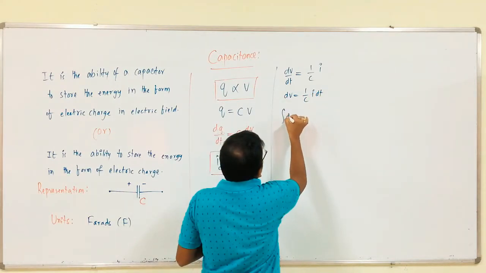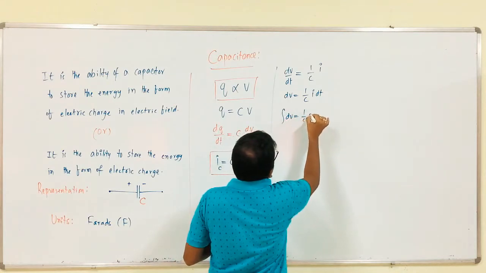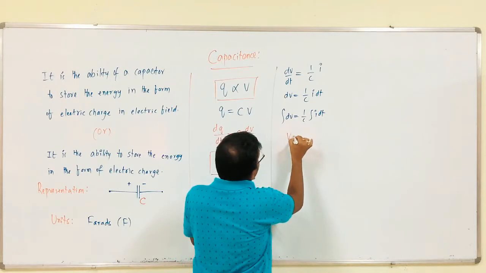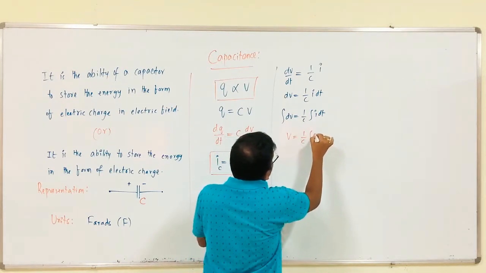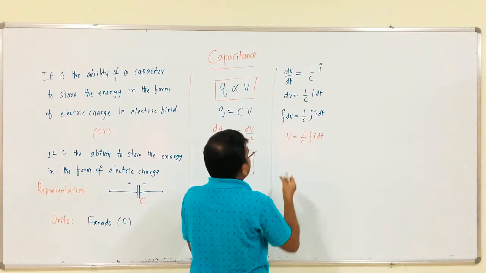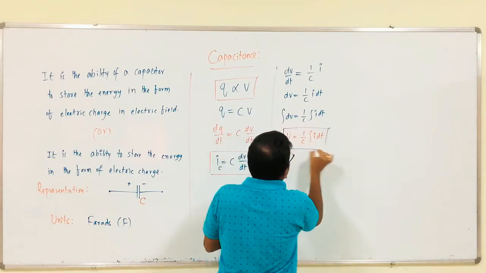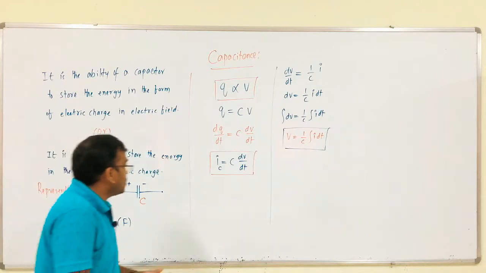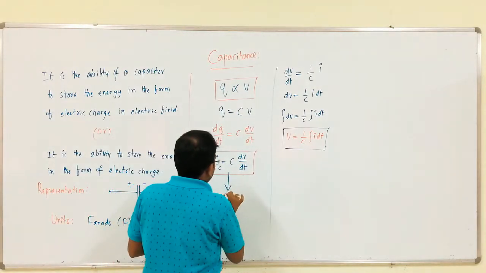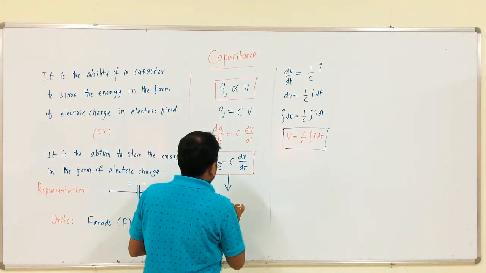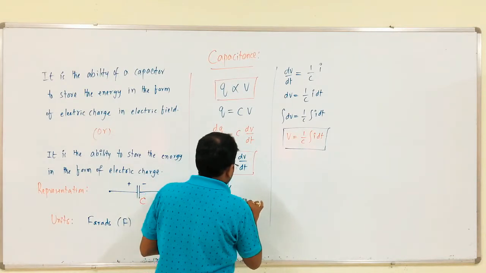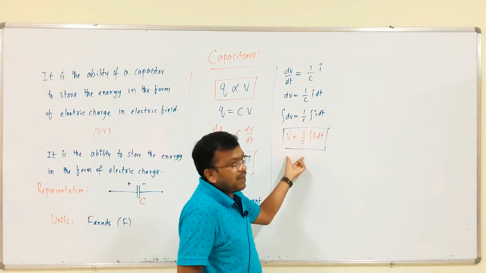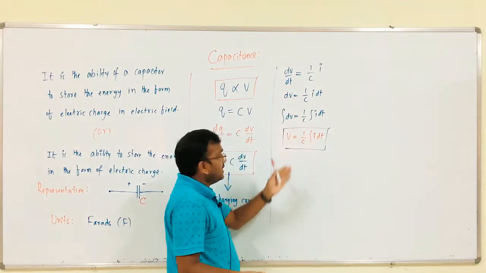So, if you provide the integration between these two, we are going to get V is equal to 1 by C integral I dt. So, this is the charging current of the capacitor, this is the voltage across the capacitor Vc, okay, 1 by C integral I dt.